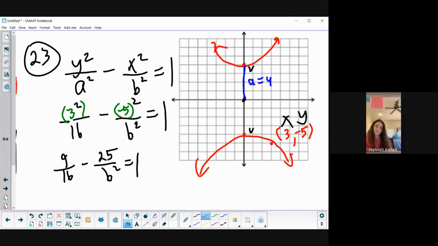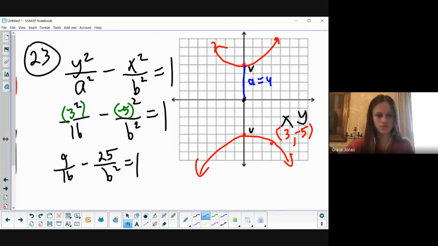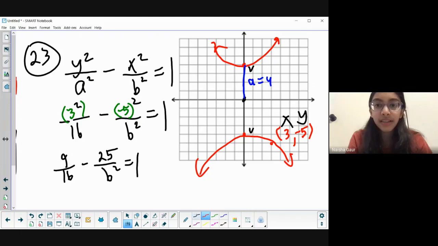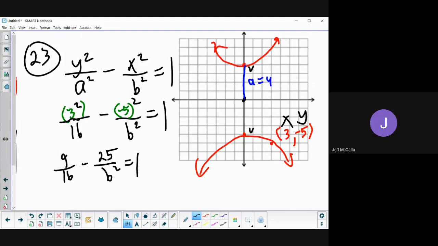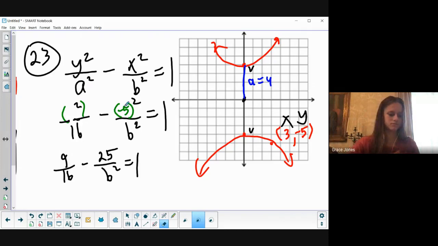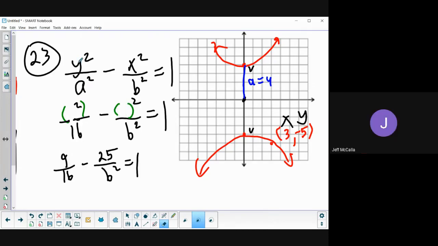Yes, but is a squared underneath there? Underneath y? Yes. She's saying like 3 squared should be over b squared. Oh, I put it in the wrong spot. I see what you're saying. Sorry. Okay, so y is this one.